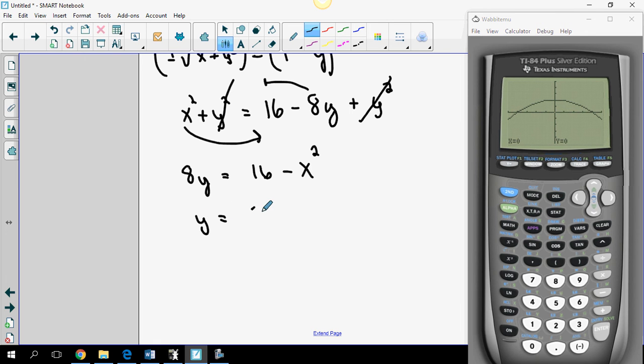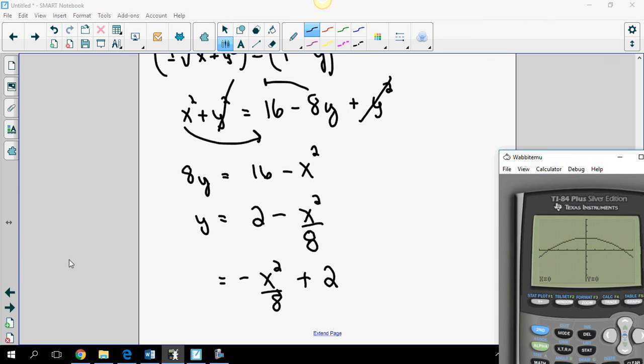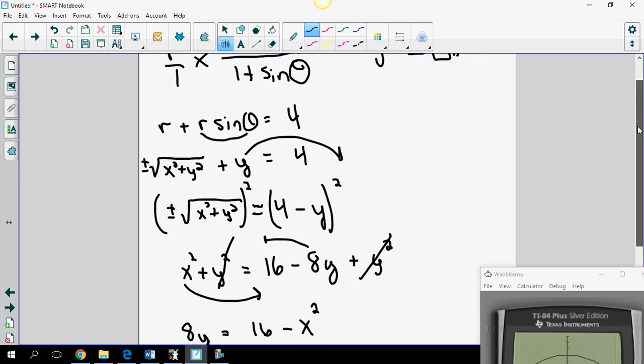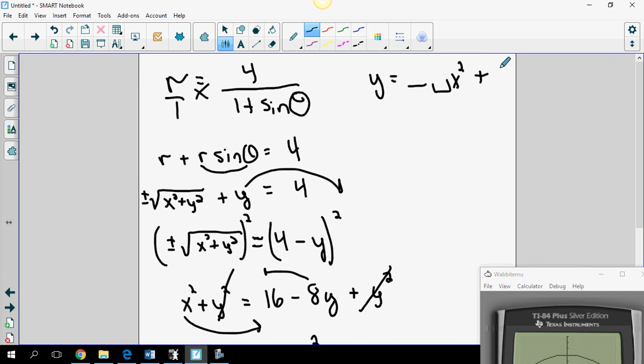Y equals 2 minus x squared over 8. And I prefer minus x squared over 8 plus 2. And by the way, when I was thinking originally, I knew it was plus 2 because it was upside down going through 2. And it turns out the mystery value was that 1/8.